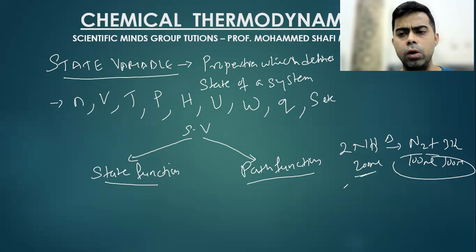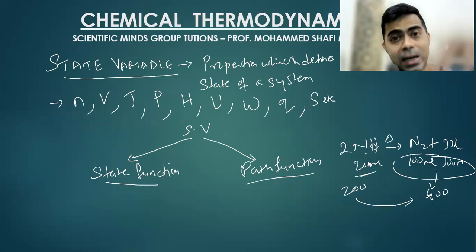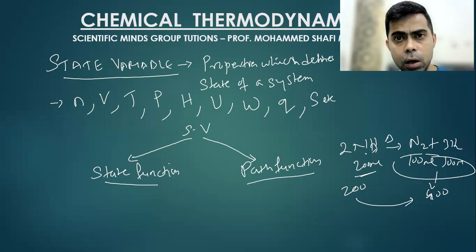So now initially the volume was 200 and the final volume, that is the volume of product, is 400. If you see properly, the change in volume is 200, that is 400 minus 200. This is the initial volume of the gaseous reactant and this is the final volume. So here the volume does not depend upon the path followed. Now you break the ammonia by adding a catalyst, or break it by adding excess heat, whether it took 1 hour in that reaction or 10 minutes, it means volume does not depend upon the path.